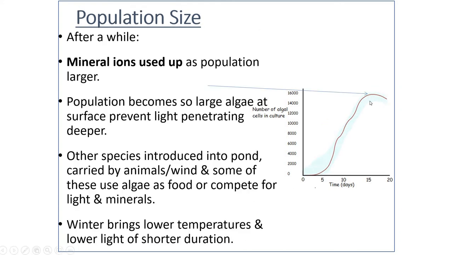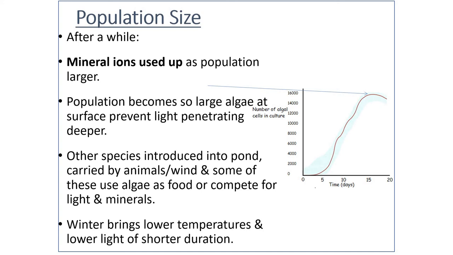But then after a while, the mineral ions become used up because the population is very large. There's not enough mineral ions to support the whole population. The population becomes so large that algae at the surface prevent light penetrating deeper. Other species are introduced into the pond, carried by animals or wind, and some of these use algae as food, or compete for the light and minerals.